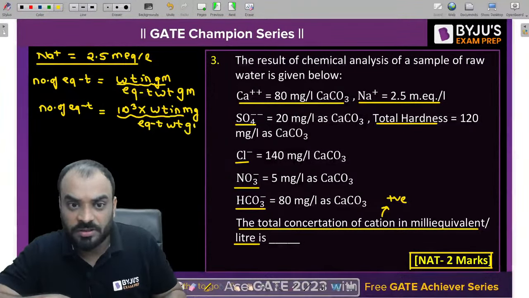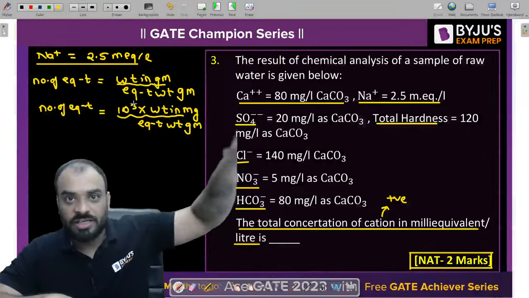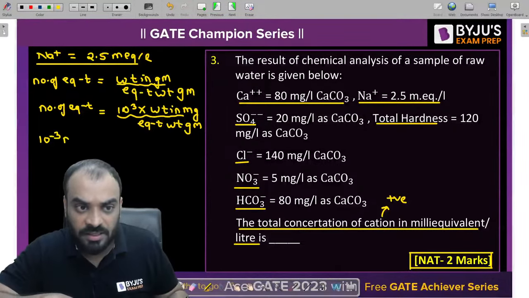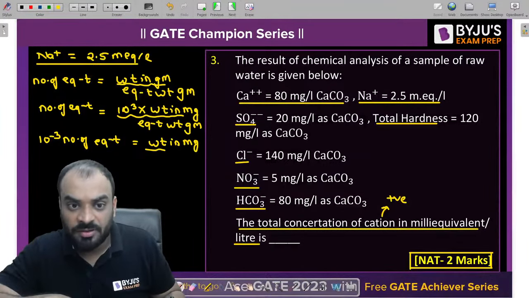Putting 10 raised to power 3 on the left hand side, we get 10 raised to power minus 3 times number of equivalents equals weight in milligram divided by equivalent weight in gram.